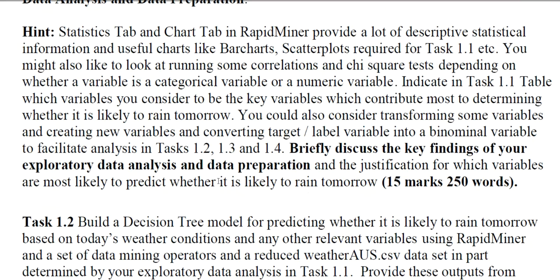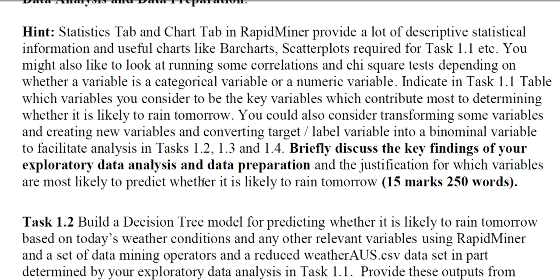The justification for which variables are most likely to predict whether it is likely to rain tomorrow or not is a simple thing. Again, we create a correlation analysis, and we decide the top supporting variables that can allow us to decide whether it is going to rain tomorrow or not, by using correlation analysis, the way we did it in report 1.